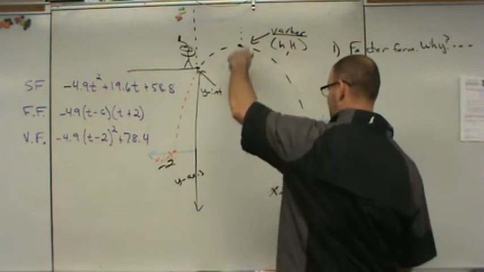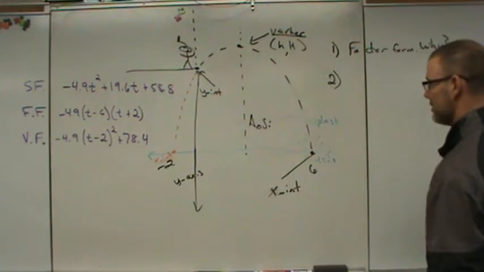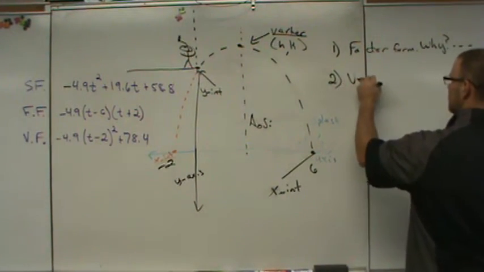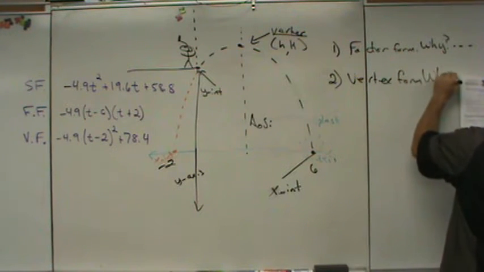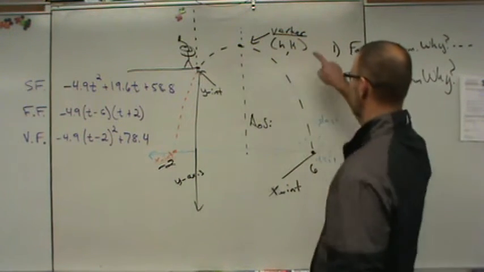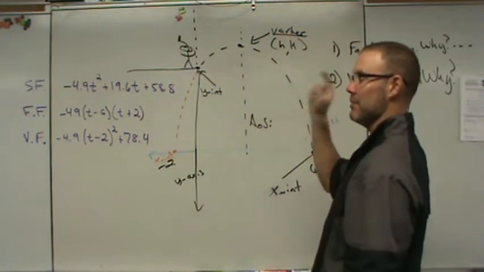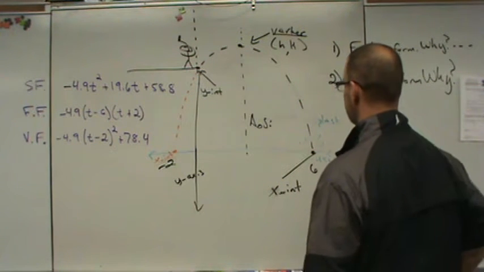The k value tells me up or down. So look at vertex form, and it tells you 78.4. Why? Answer the question, why? Because the k value tells me the maximum height. Write it down. Rewind if you need to. K tells me maximum height.